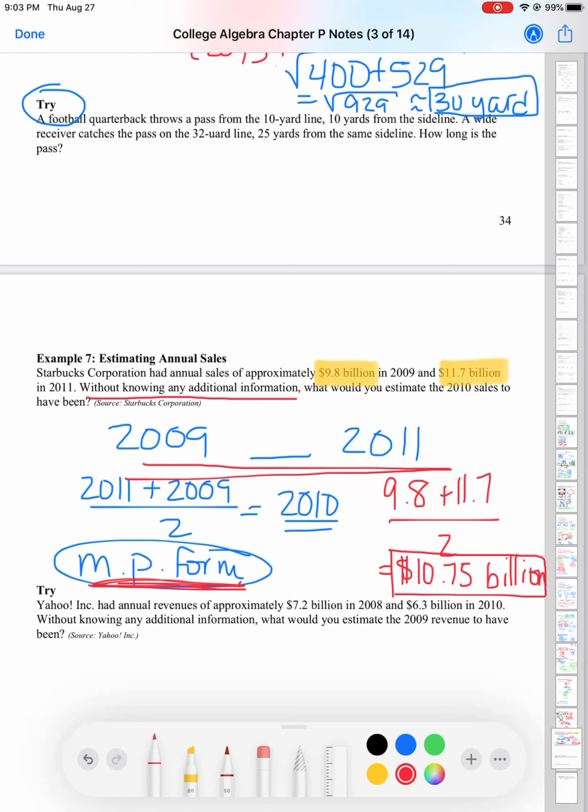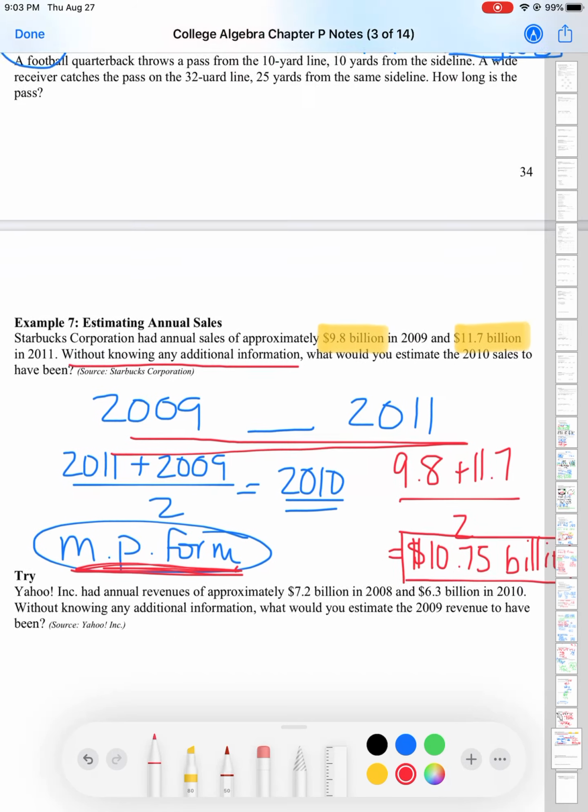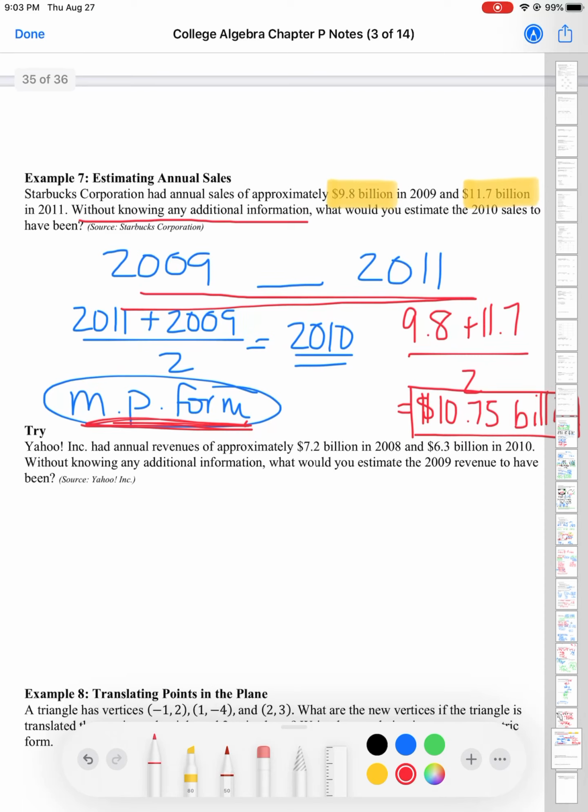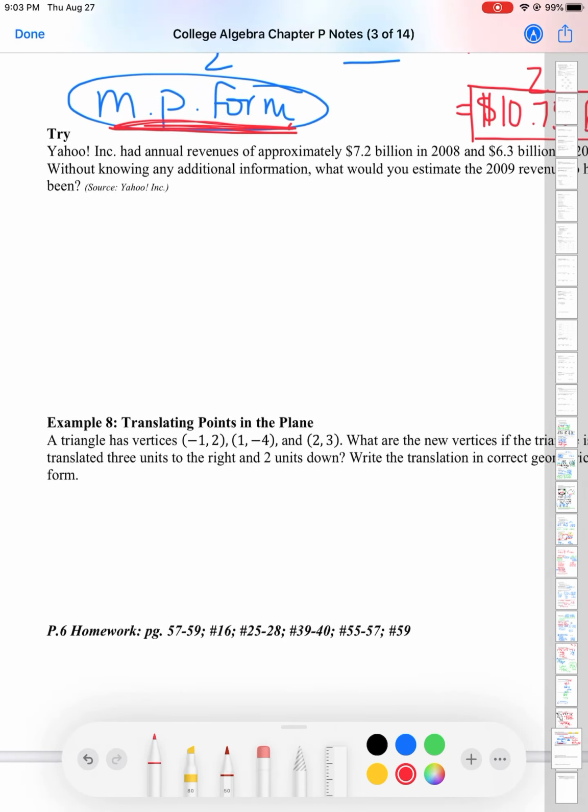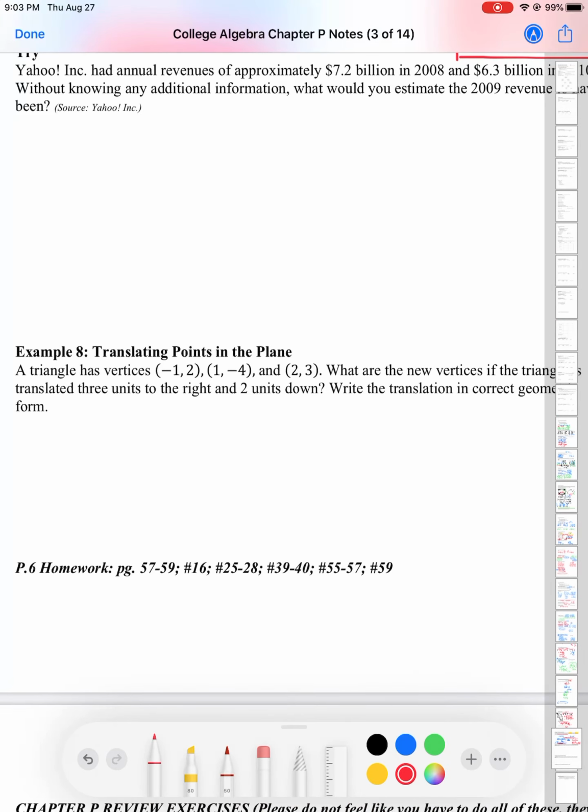It's probably going to increase more, maybe not exponentially, but faster than just a constant rate. Okay? So you try the Yahoo Incorporated. So pause me if you'd like to try that.